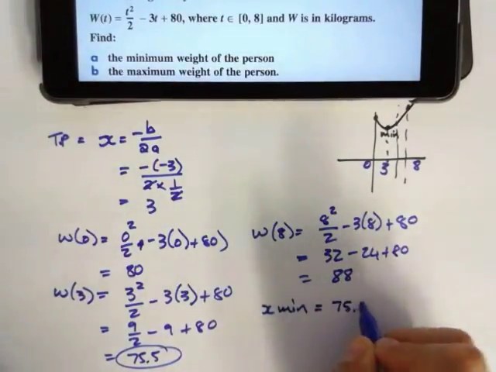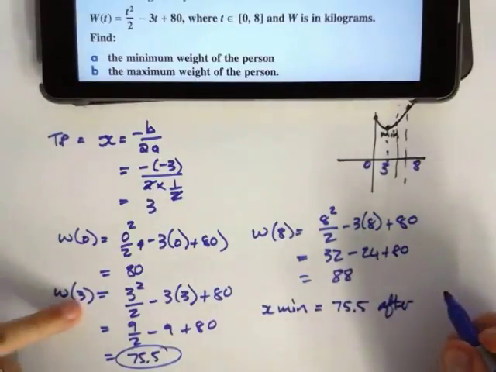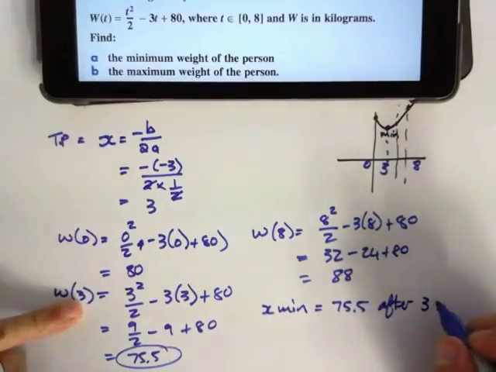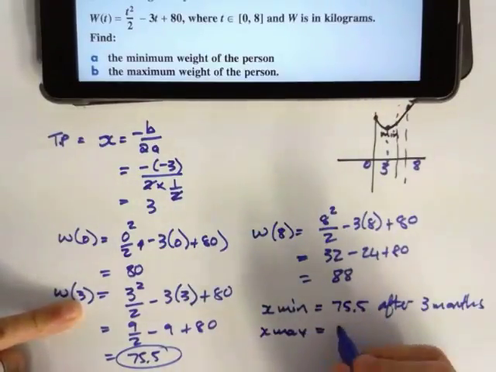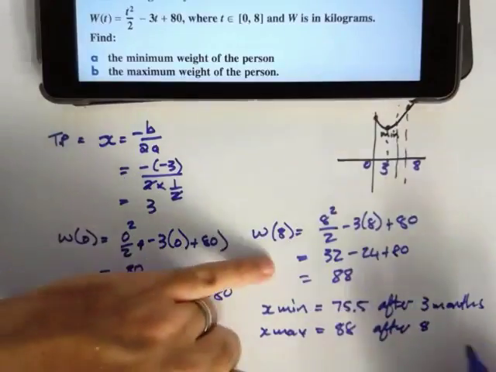This is after 3 months, and x maximum equals 88, and that is after 8 months.